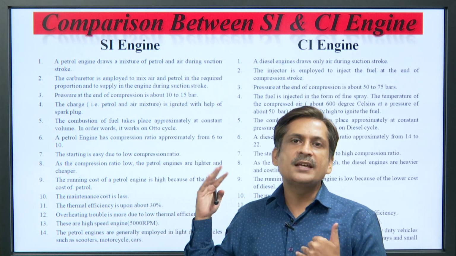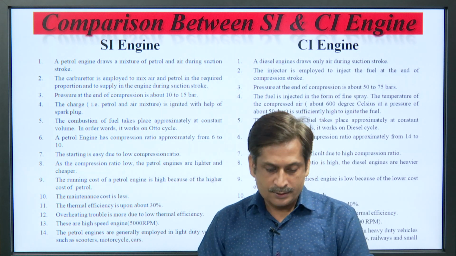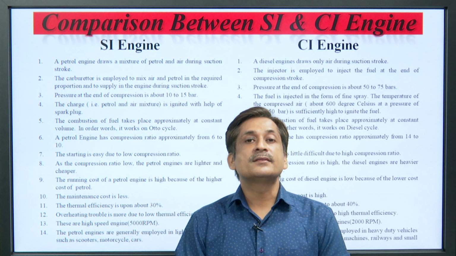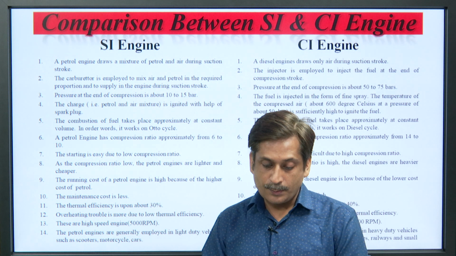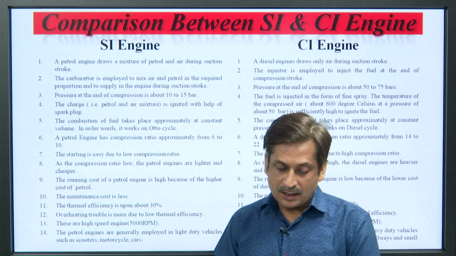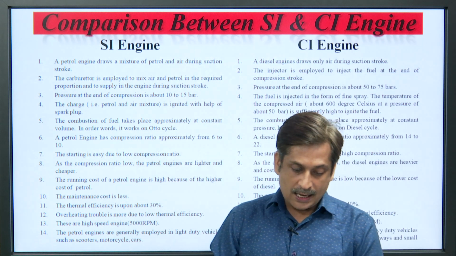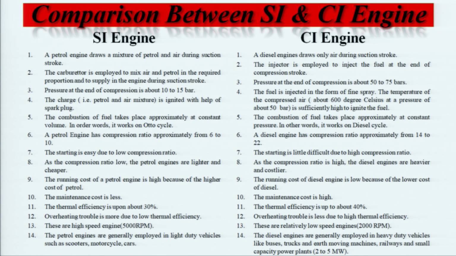So, CI engines are heavier, and SI engines are of small capacity. SI engines run at very high RPM, CI engines run at very low RPM, approximately 2000 RPM. But the CI engine has high thermal efficiency compared to the SI engine. Because of the large size of the CI engine, its maintenance cost is high, and for the SI engine the maintenance cost is low as compared to the CI engine.